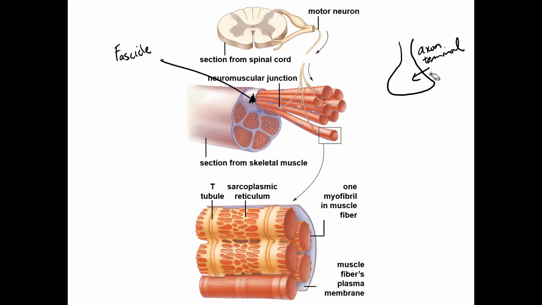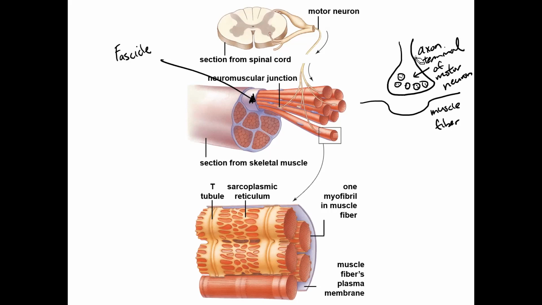Over here, that would be the axon terminal. All that stuff from Unit 2, right? I hope you still remember the axon terminal of the motor neuron. And then there are going to be the vesicles with the neurotransmitters, and here is going to be your muscle fiber.